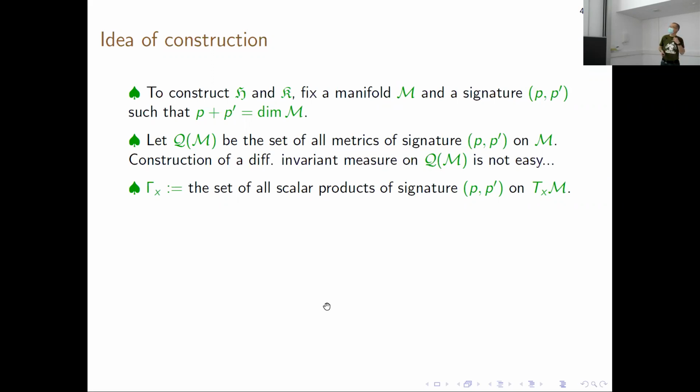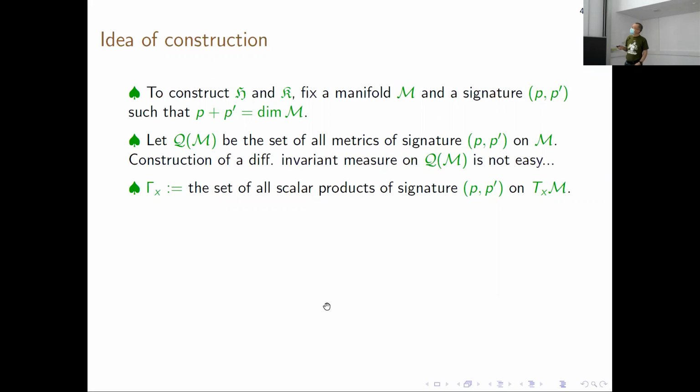So probably you can extend this because in fact, as you will see, there are no examples of a manifold with some special topology properties such that, given a signature, this set is empty.